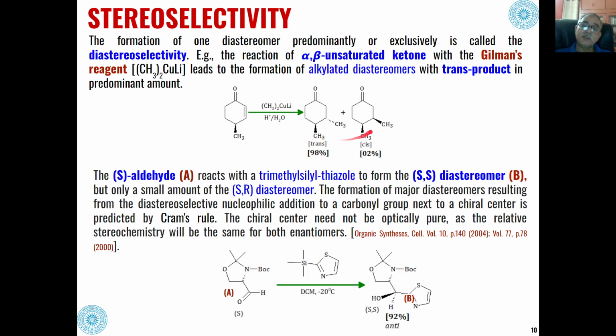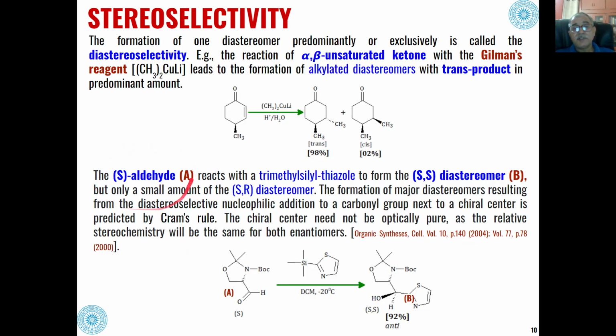So these two alkylated diastereomers can be formed, either trans or cis, and it has been found that the trans product is formed in predominant amount, that is 98%, whereas cis is formed only in 2% amount. So this again is an example of diastereoselectivity.